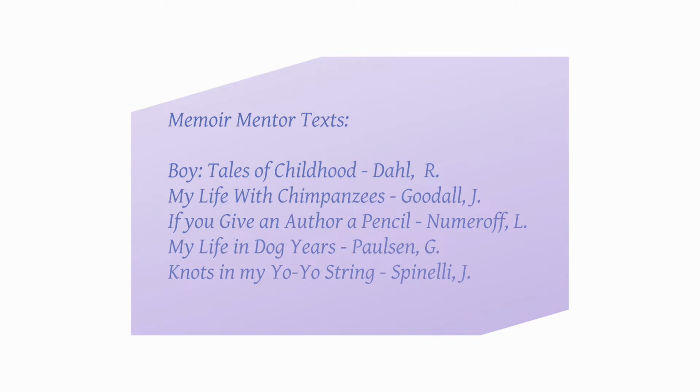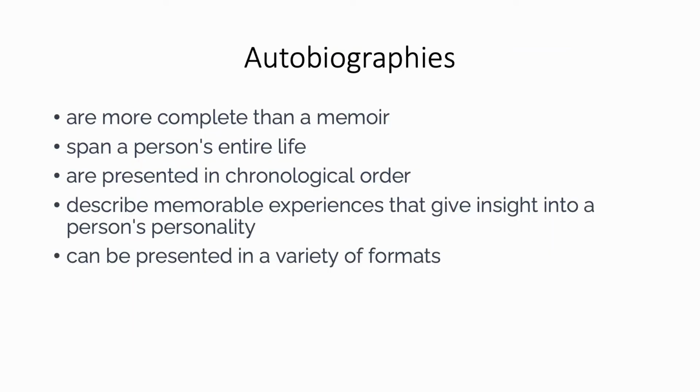Moving on then to autobiographies. Autobiographies are sometimes confused with memoirs. The difference is that an autobiography is more complete, and it tells the story of a person's entire life. And here are some elements of an autobiography.